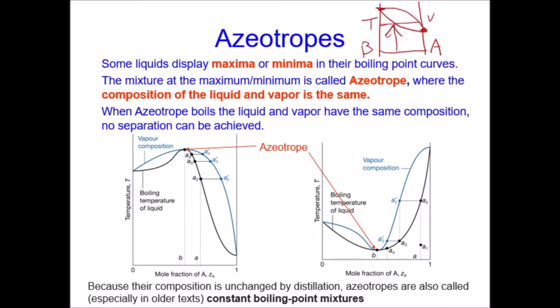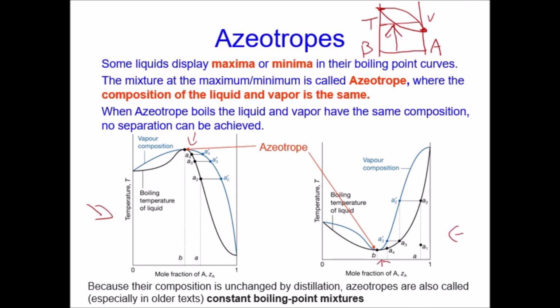When the solutions are non-ideal, then the phase diagram may look very different. For example, on the left side here, we show a phase diagram with a maximum boiling point, and on the right side, a phase diagram displaying a minimum.